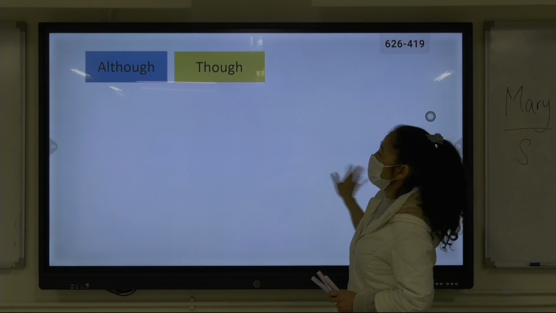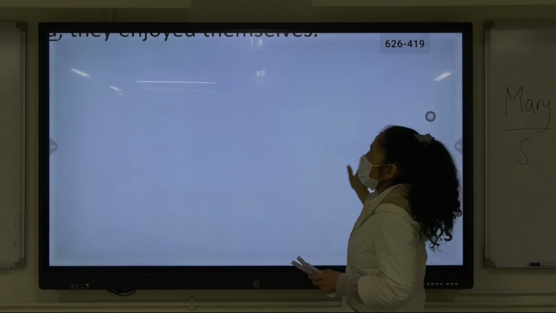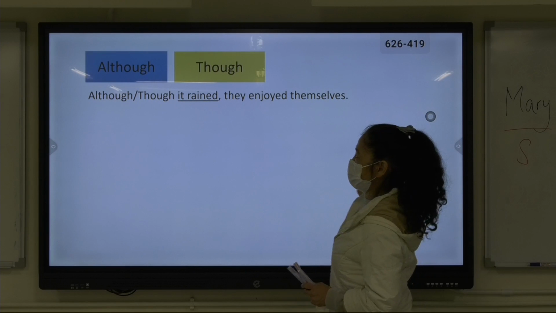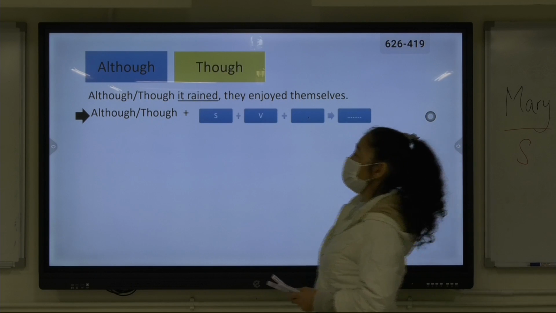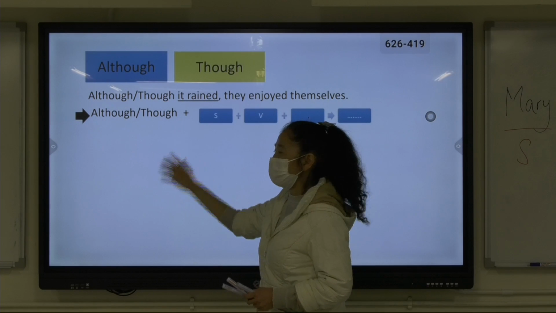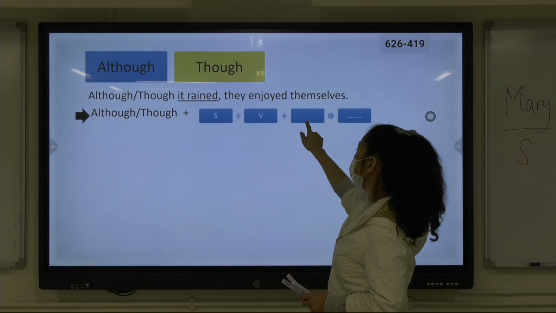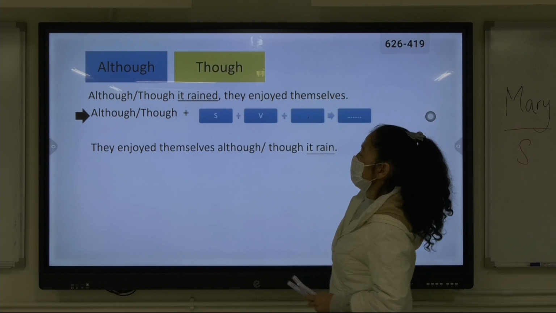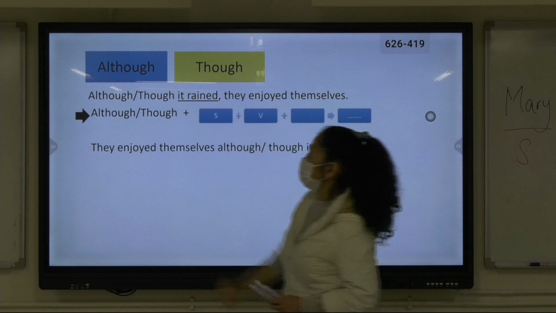Although and though again. Now, let's look at this example again. Where should we put these two connectives? Okay? Again, always reminding you, although and though should be followed by subject, verb, comma, and then the rest of the clause. Alright, so this is in the beginning.